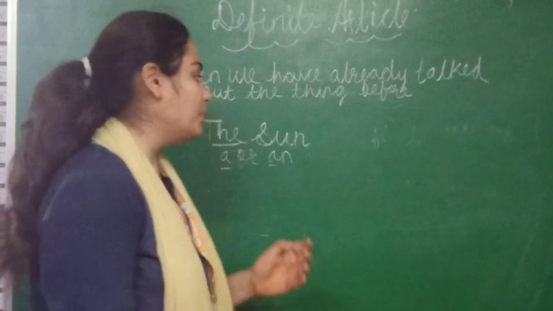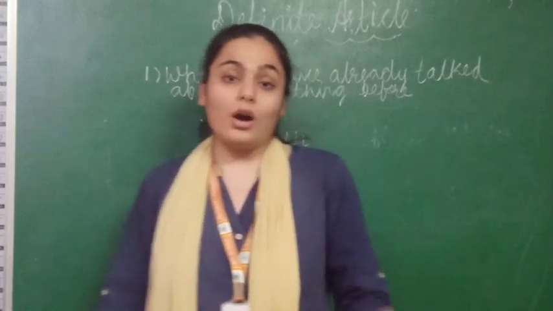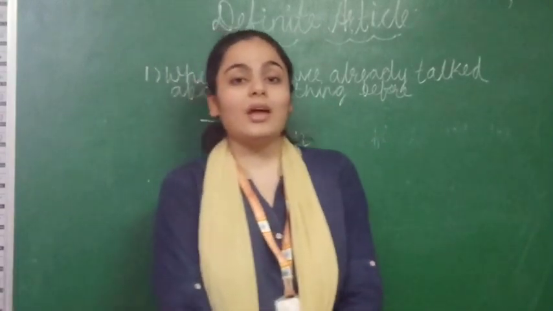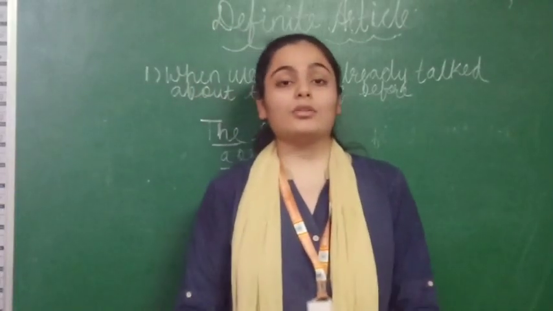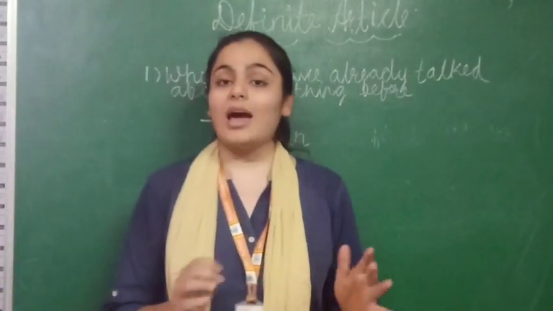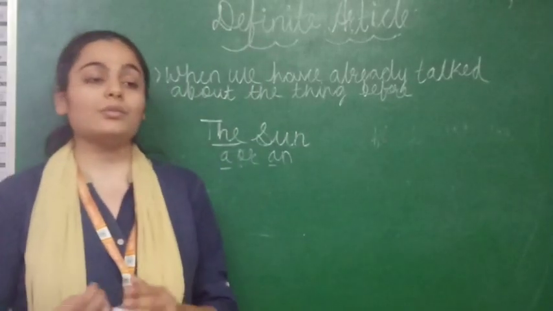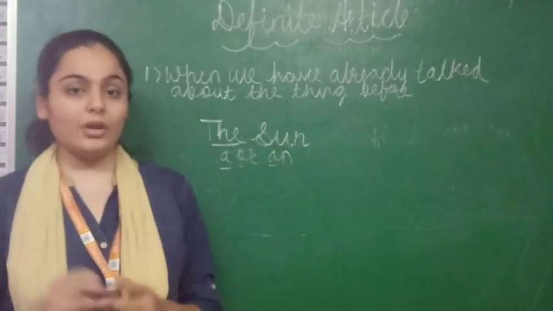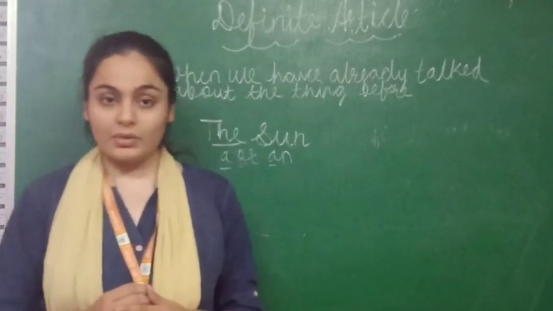Okay. With plural also we use the. How? Like socks. Socks is a pair, right? So what do we use with that? The socks. I hope, kids, that you understand the difference between definite and indefinite articles. Just to be clear: a or an we use with a singular noun, a common noun.